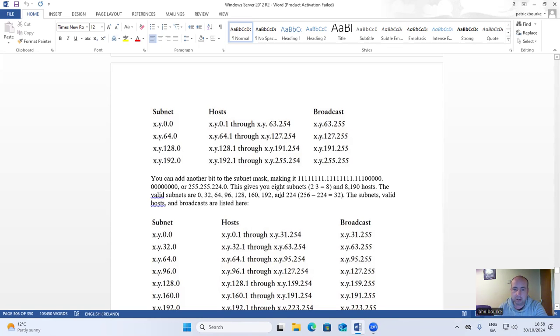This gives you 8 subnets and 8,190 hosts. The valid subnets are 0, 32, 64, 96, 128, 160, 192, and 224. 256 minus 224 equals 32.